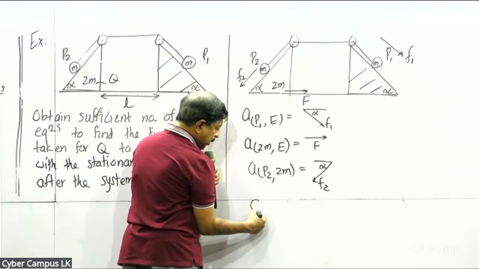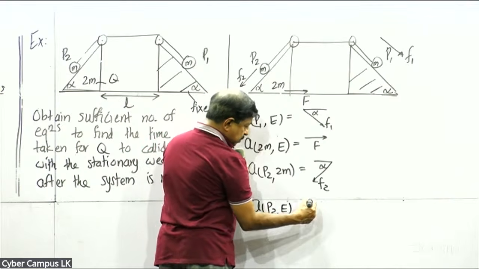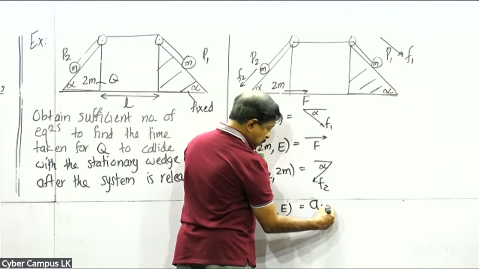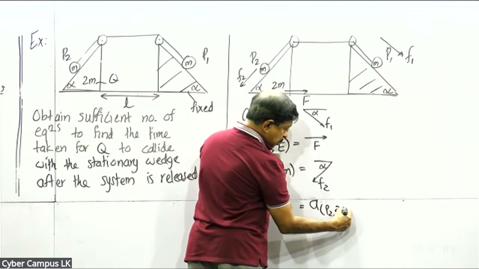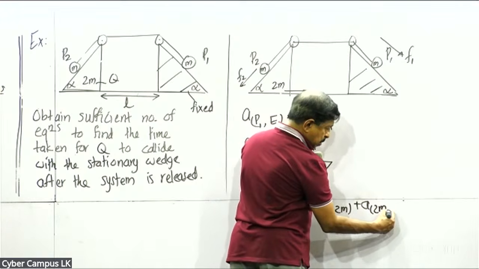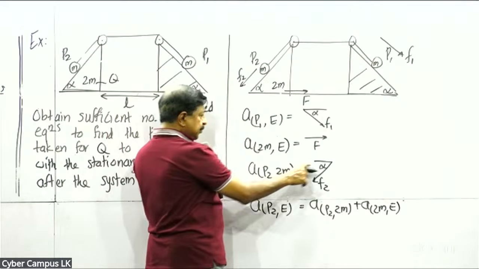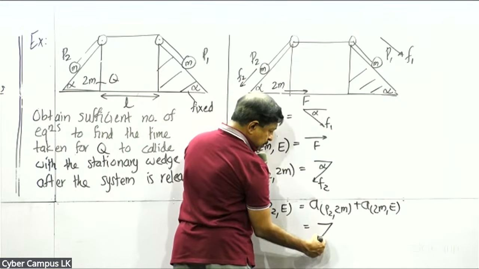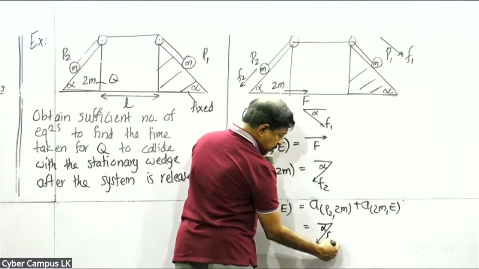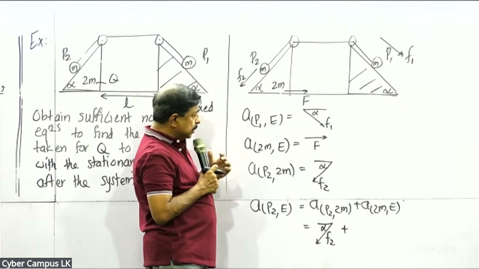Therefore, we need to know that. Now, this is F2 and the acceleration of 2m related to the Earth is this.